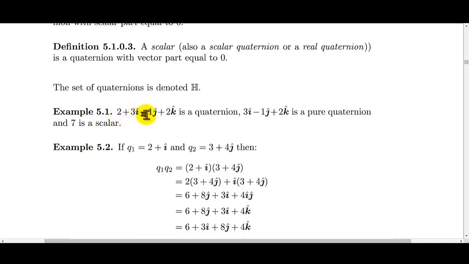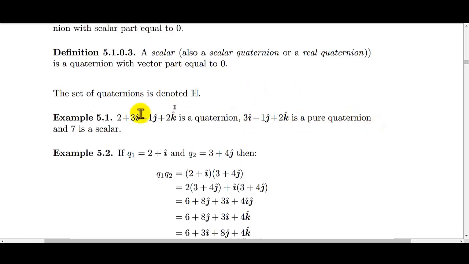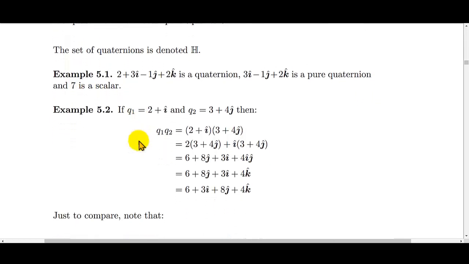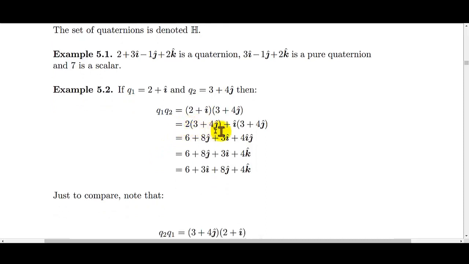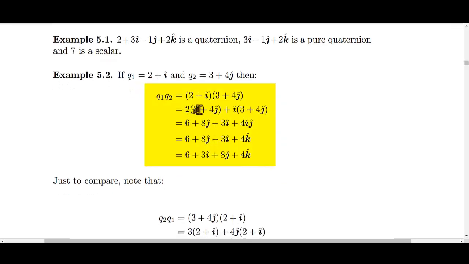We have an example. 2 plus 3i minus 1j plus 2k is a quaternion by definition, and 3i minus 1j plus 2k is a pure quaternion by definition, and the number 7 is just a scalar. We have another example. Suppose we have quaternions q1 and q2. Note that when we use the distributive law, we have this equality: 2 times (3 plus 4j) plus i times (3 plus 4j).